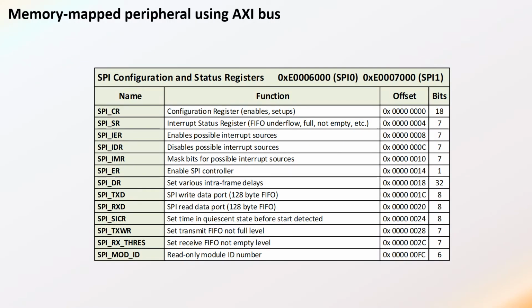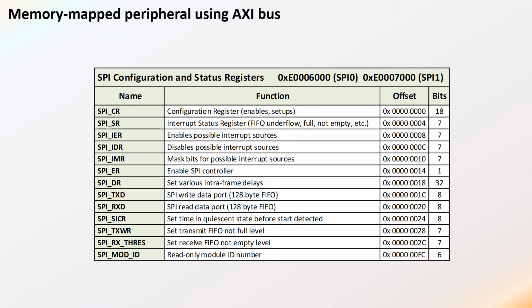So the SPI controller, like most other peripheral circuits on the Zynq, is just a separate piece of IP that was purchased and assembled into what the Zynq device ended up being. And that peripheral IP block sits on the AXI bus like all other peripherals.